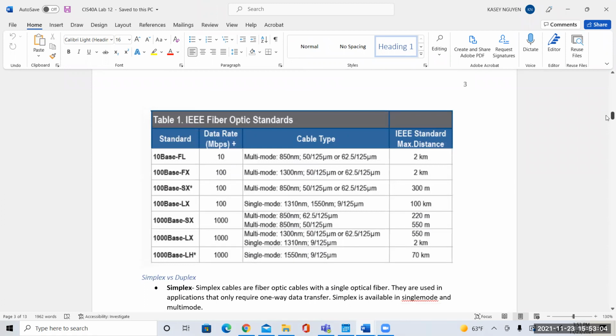Yeah, it didn't specify it. But if you look closely, the LX can also mean multi-mode. It's actually referring to the diameter, so they combine both of them in each category.